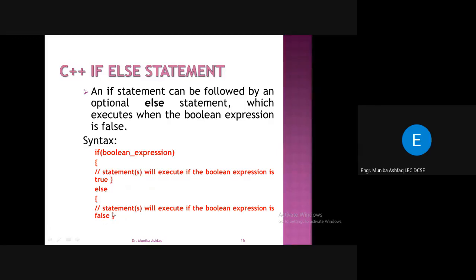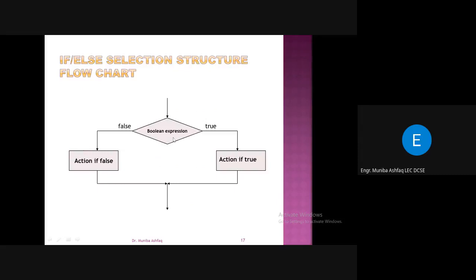You have to do some other task, some other action if the condition is false, right? So here is the flow chart which clearly explains that you have this diamond shape object, and in the diamond shape object you have to specify a certain boolean expression. If this boolean expression is true, then it will follow this path, and the true action will be performed.